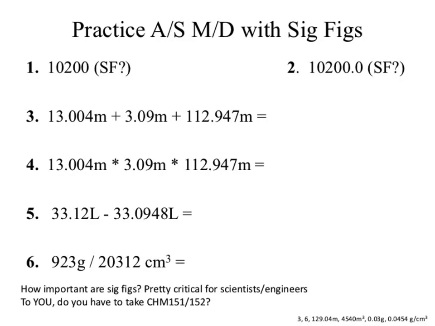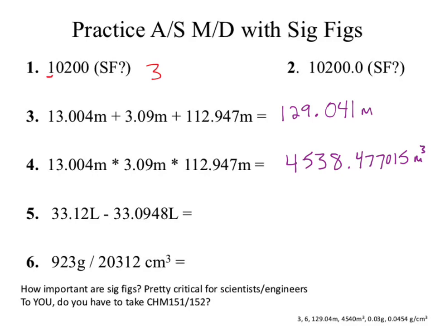So the first 2 are just how many sig figs there are. Everything else is just a calculation. Three sig figs. 1, the 0, and the 2.